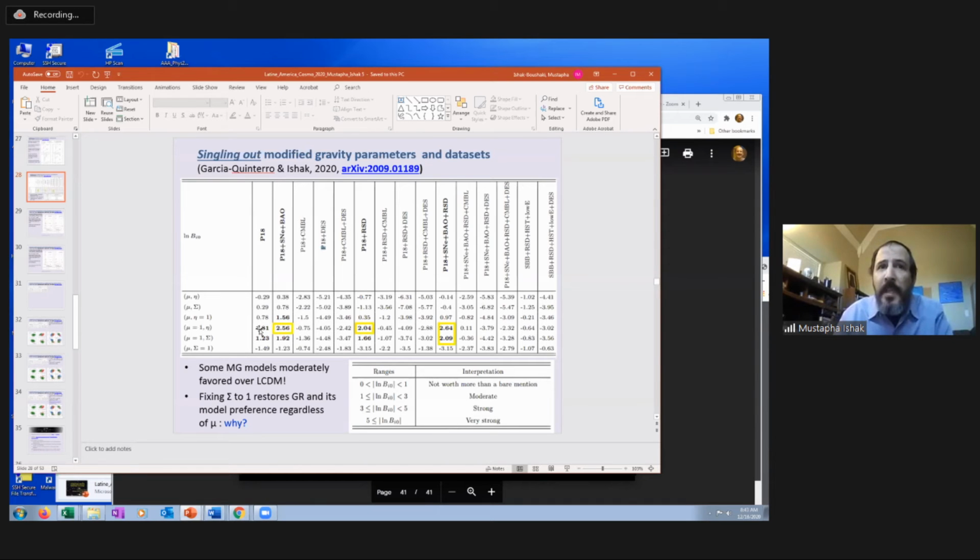We see that if we use only Planck 18 plus other things, we do see a preference for the modified gravity model. It is a moderate preference, but still interesting. However, as soon as we put in CMB lensing and DES, as soon as we throw in lensing, the preference goes automatically to lambda CDM.